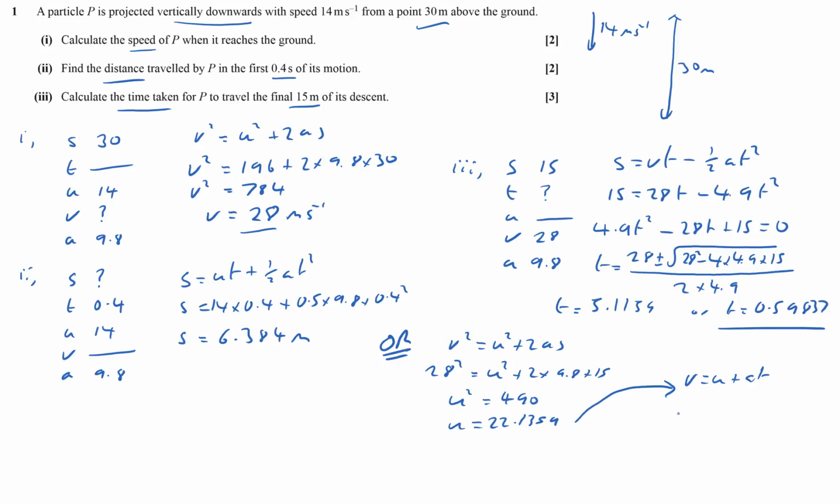It can be straight to being 5.864 over 9.8, and that gives us 0.59837. I suppose technically here I could have got U as plus or minus, and that would be the other one. But that'll do it for question 1.